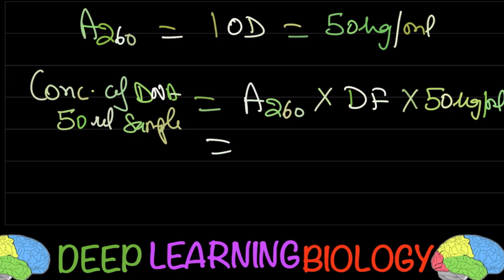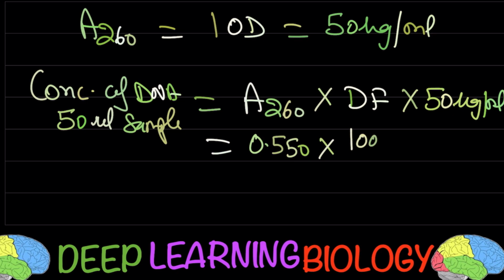Now, what was the reading here? Absorbance at 260 is 0.550. Now, dilution factor. What is the final volume? 1000 microliter. You diluted 20 microliter and you are making the final volume 1000.